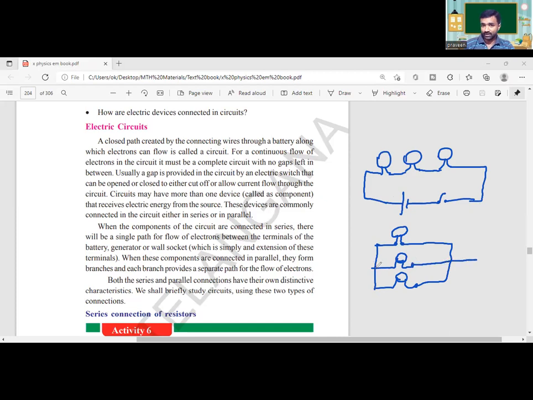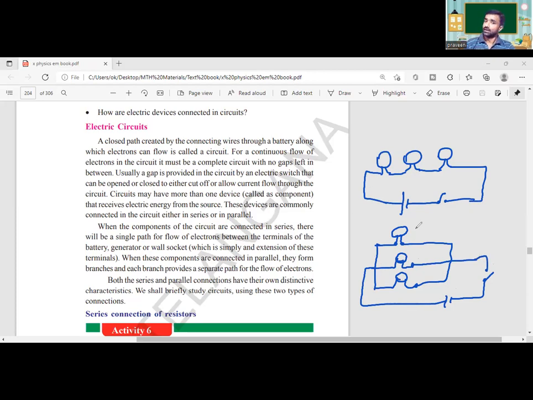I can arrange the battery like this, and here you can give the key. Like this you are able to connect.